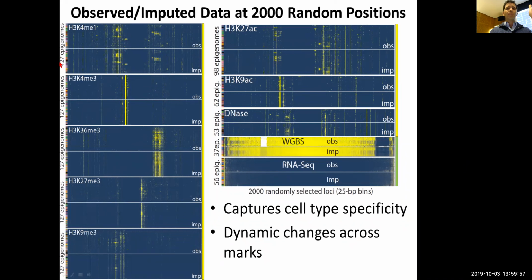So we randomly sampled thousands of columns, and we asked, what does the observed data look like across thousands of columns across 127 genomes versus the imputed data? And you can see here that the patterns match quite accurately. So that basically means that even across these thousands of random locations, I'm able to recapture the activity patterns systematically. Is everybody with me here?